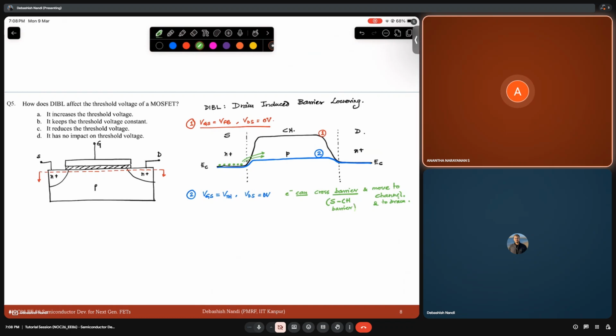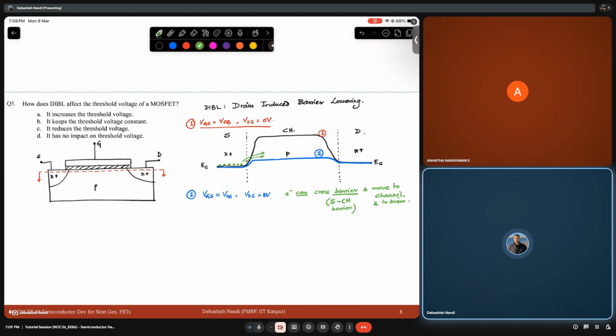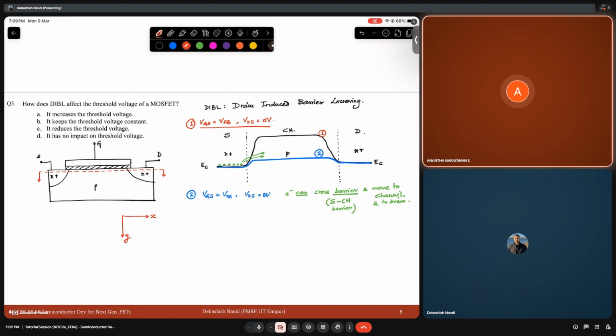Sir, the Fermi level will also be lowered, right, sir? No, why will Fermi level be lower? I am considering only x direction, right? And let's say this is my y direction. So in x direction, why will the Fermi level change? Sir, we are applying a potential to the gate side, right?